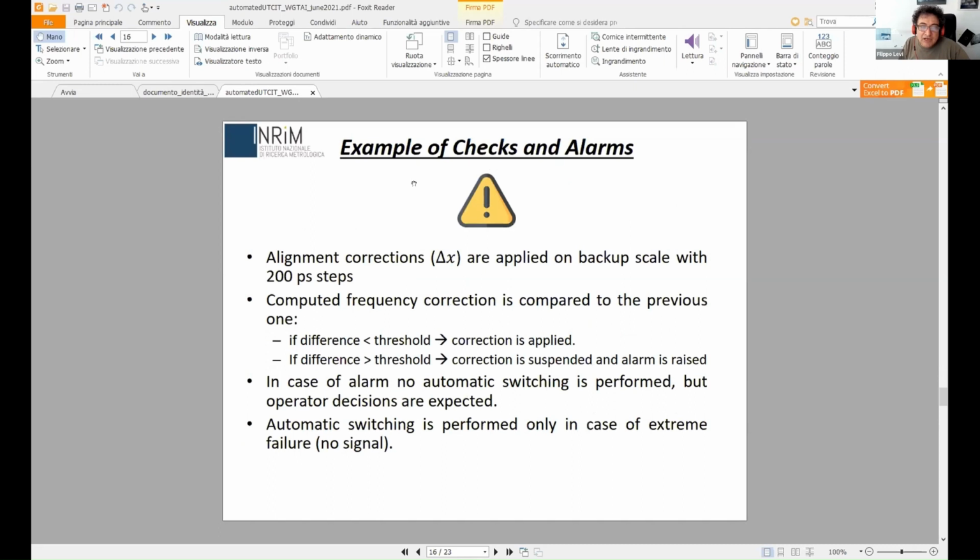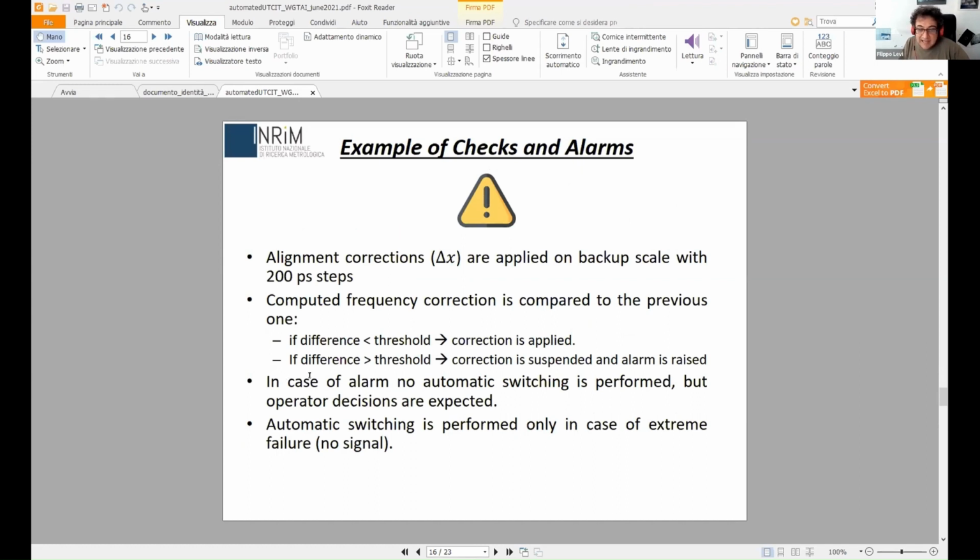So just to give you an example of one alarm check, when we compute the correction, we have a step of 200 picoseconds, as I said. If the computed frequency correction is smaller than a given threshold, the correction is automatically applied.